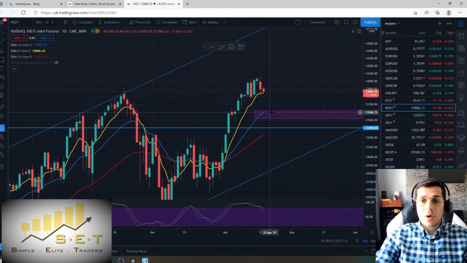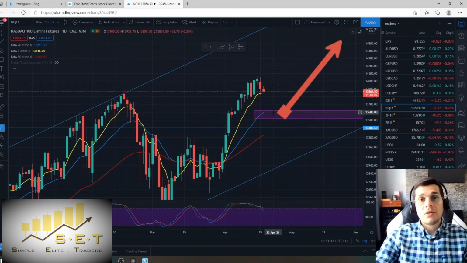So we're expecting a pullback on NASDAQ as well, until the 20 MA around 30,587, and then we're going to position ourselves to go long in NASDAQ as well.